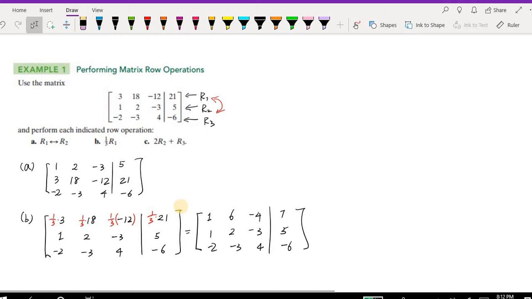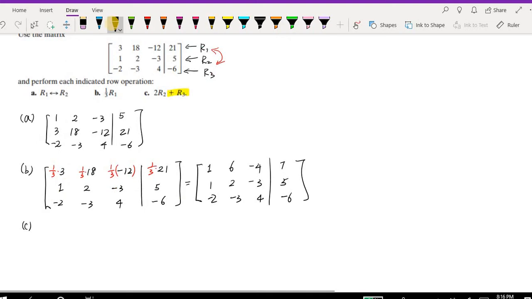Let's work on part C. Alright, part C, what we're going to do is copy down R1 first. We're not going to do anything for R1, which is row 1. For row 2, we're going to use 2 times row 2. I'm just going to use this like scratch paper really quick. So we're going to use it 2 times.